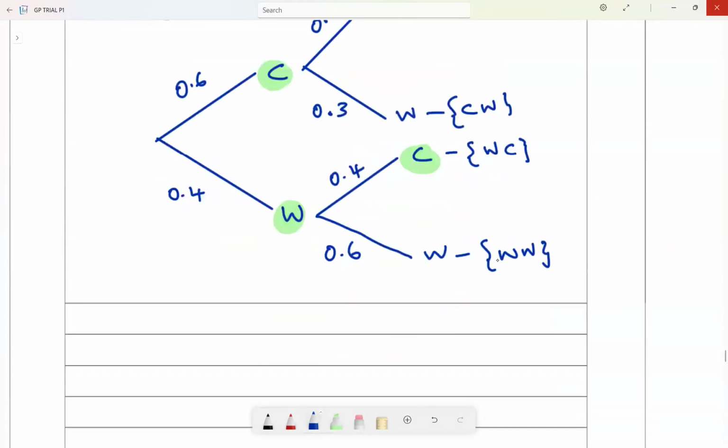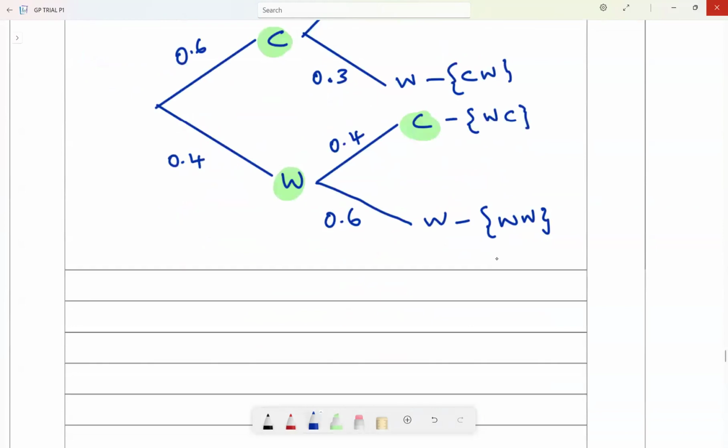So it's going to be the probability of getting the second one correct. It is equal to the probability of getting the first one correct and the second one correct, plus the probability of getting the first one wrong and the second one correct. So what's important is that the second one is correct.